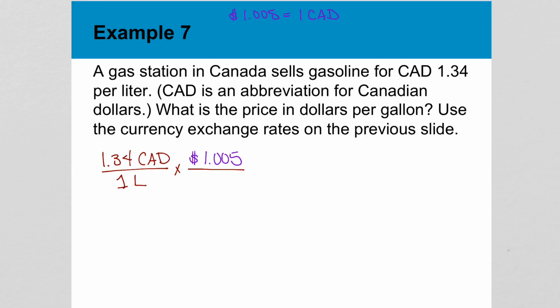Okay? So Canadian dollars needs to go on the bottom so it'll cancel out. And we've got our conversion factor there where Canadian dollars will cancel. But we also need to go from liters to gallons, it says.